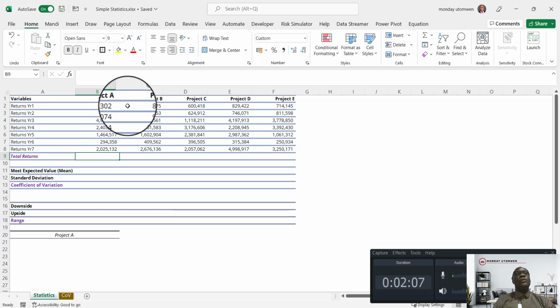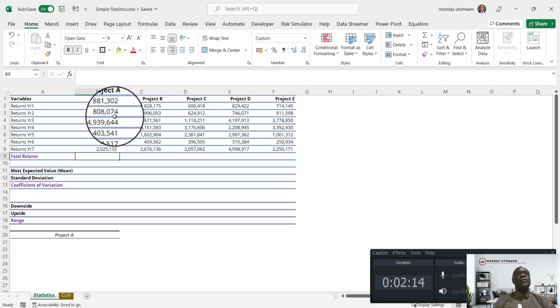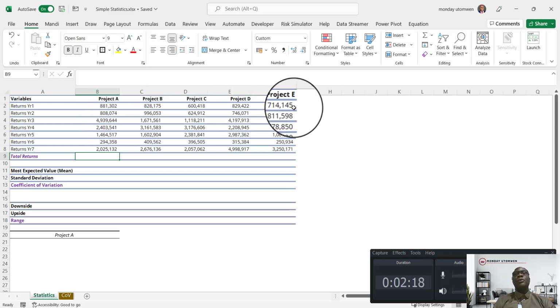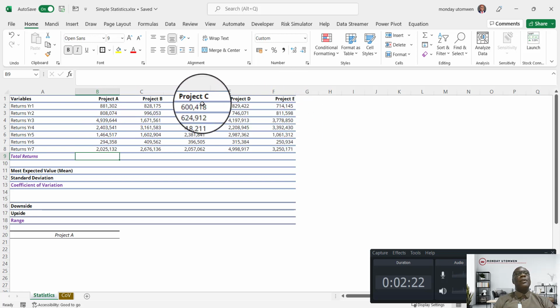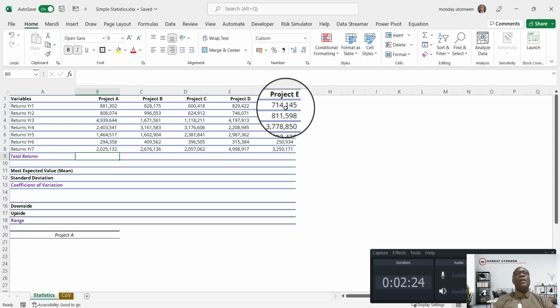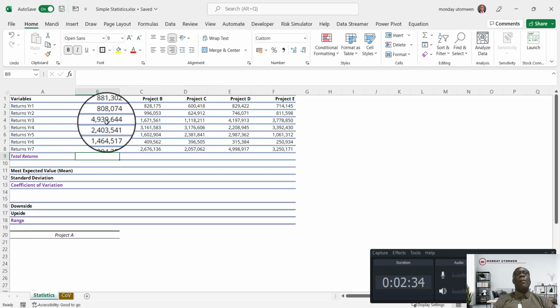Do we choose A and B since we are looking for two projects to select? Oh, but in year two, project A returned a lower amount compared to project B. Oh, but we select B and E then. But in year one, project E is actually at the bottom of the pyramid, just slightly above project C. What about the third year?